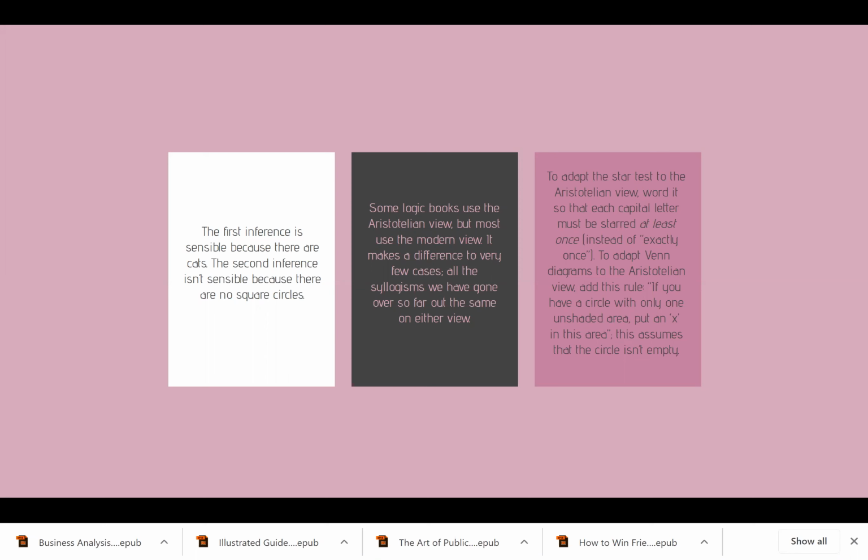Some logic books use the Aristotelian view, but most use the modern view. It makes a difference to very few cases. All the syllogisms we have gone over so far come out the same on either view. To adapt the star tests to the Aristotelian view, word it so that each capital letter must be starred at least once, instead of exactly once.